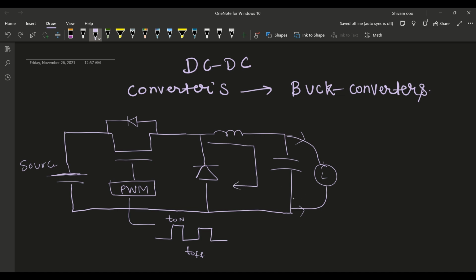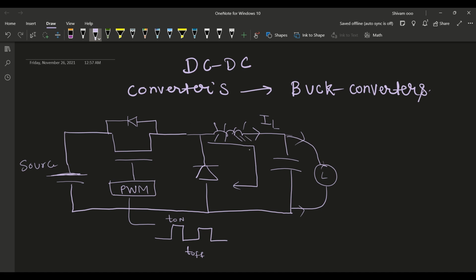The load is connected across the output cap, and then when it turns off, whatever current is flowing in this inductor will continue to flow because there is an energy buildup in the magnetic field. So this inductor stores energy in the magnetic field.